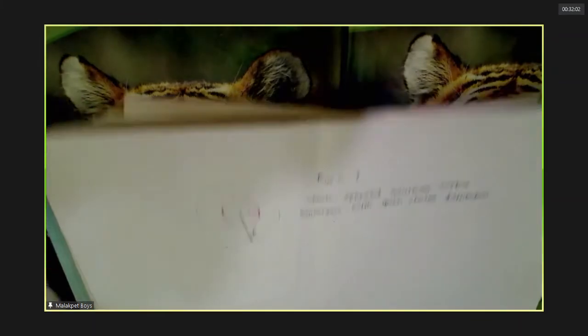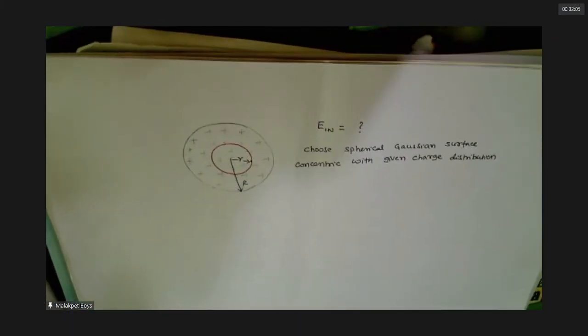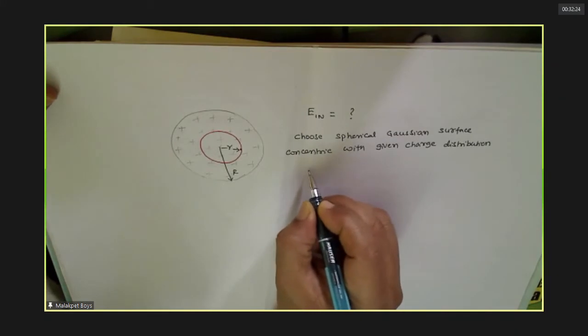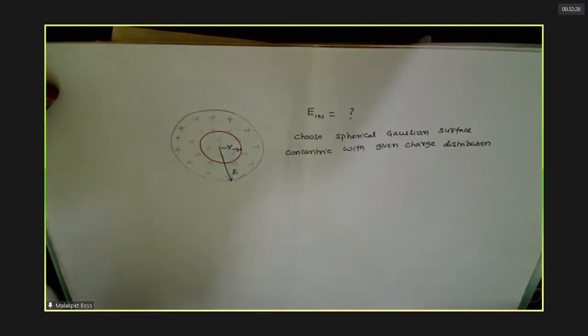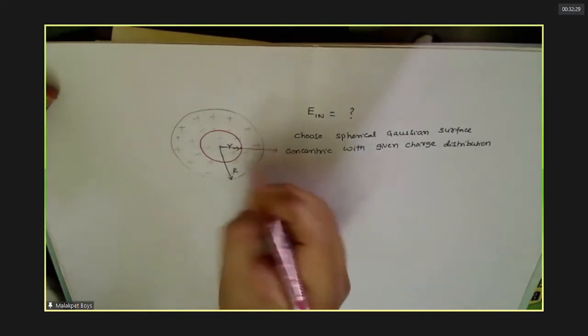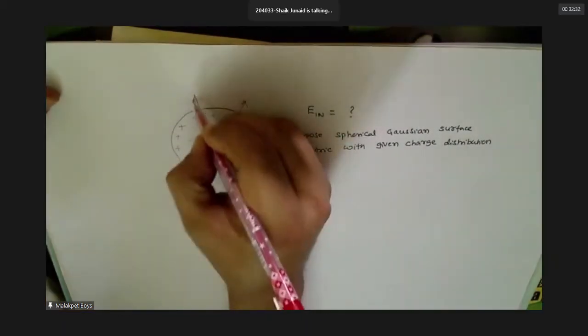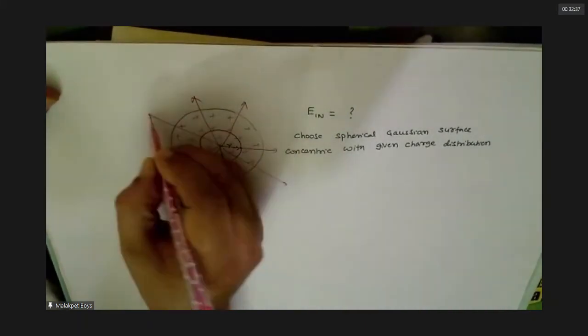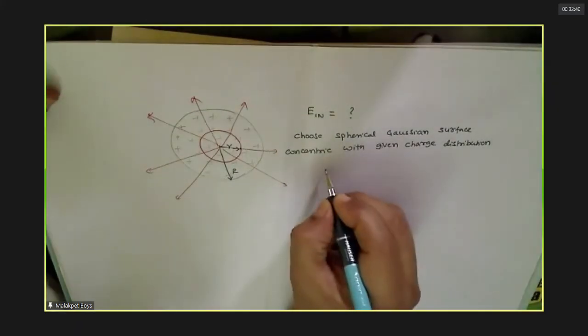Understood this? So here also you can see, how does the electric field behave at any point? The electric field is outside. So what is the charge enclosed by the sphere?